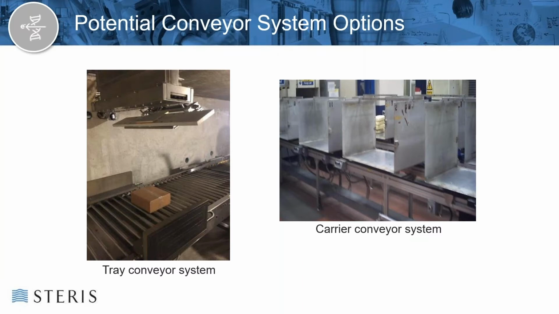I'm not sure what site that is from. It doesn't look familiar to me. But that carrier system is not unlike some of those at some of our sites, for sure. And so that carrier conveyor system is very amenable to organizing products in any sort of arrangement you might want to provide the dose distribution that you're looking for in your process.